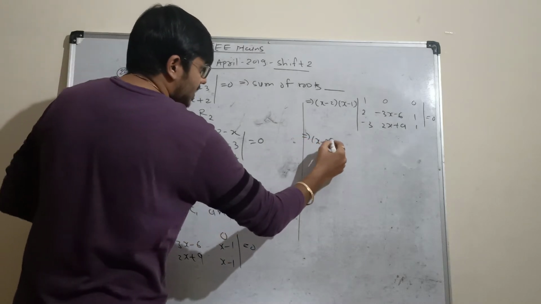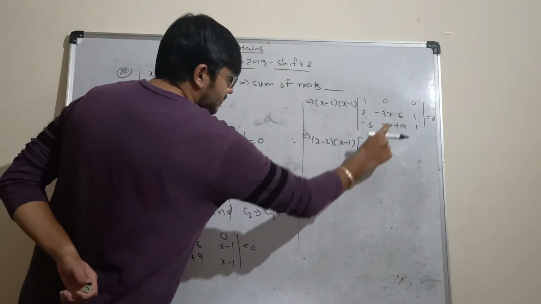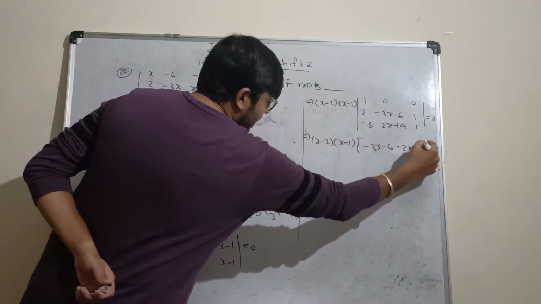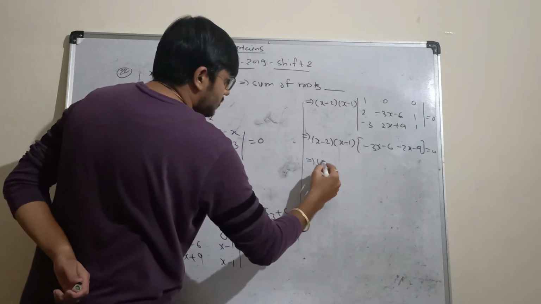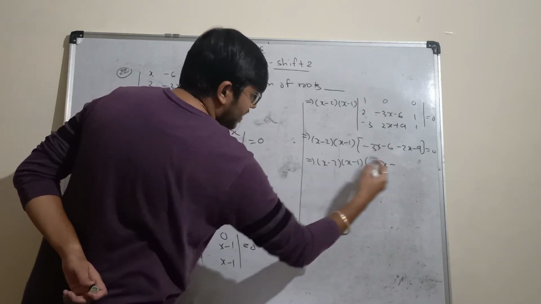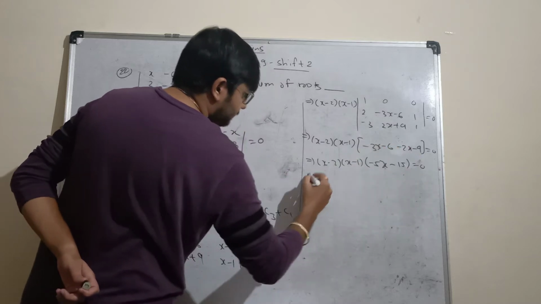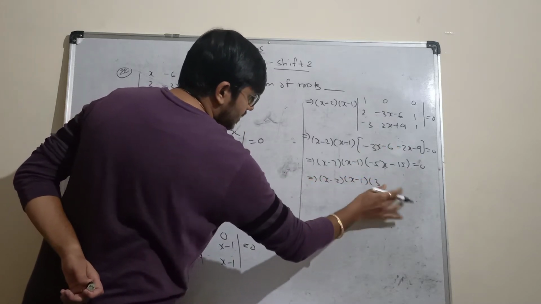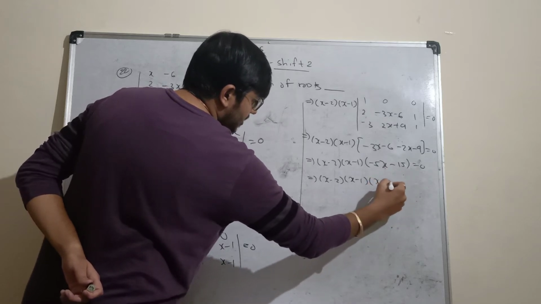So we'll get x minus 2, x minus 1, minus 3x minus 6 minus 2x minus 9 equals 0. So x minus 2, x minus 1, minus 5x minus 15 equals 0. So x minus 2, x minus 1, and I'll take minus 5 common, so x plus 3 equals 0.